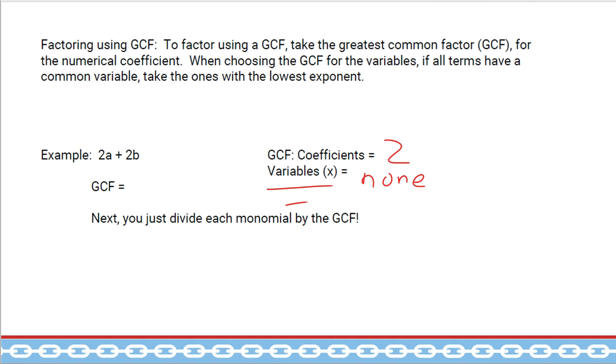So we say that the greatest common factor here is 2. Now we're just going to divide each of those terms, each of those monomials, by the greatest common factor, right? So 2a plus 2b is equal to, I can divide out a 2 and get a plus b, right? So that is factoring using greatest common factor.